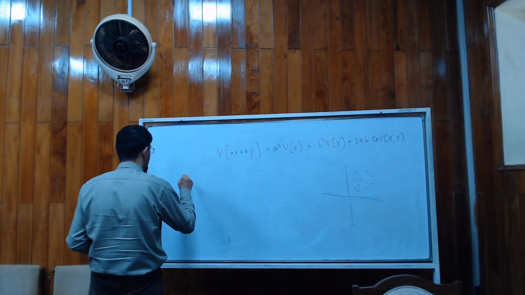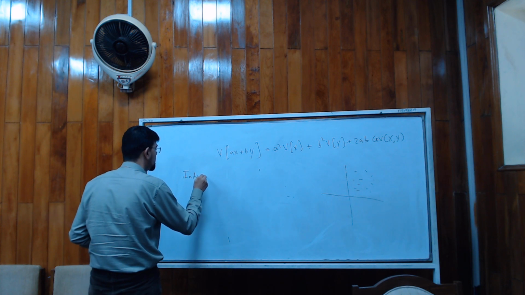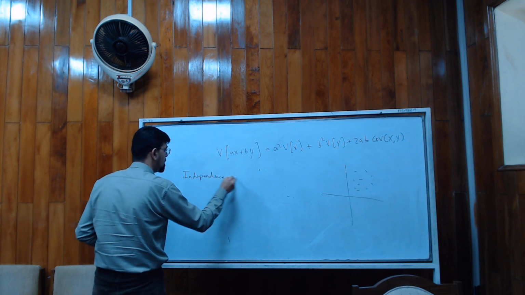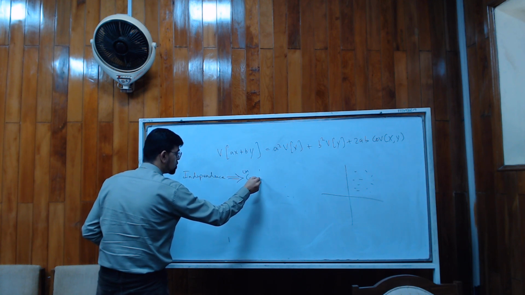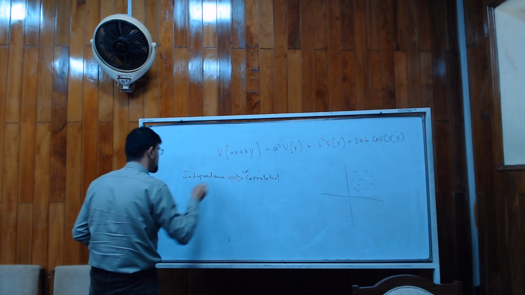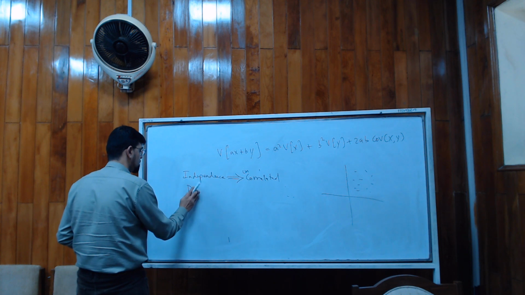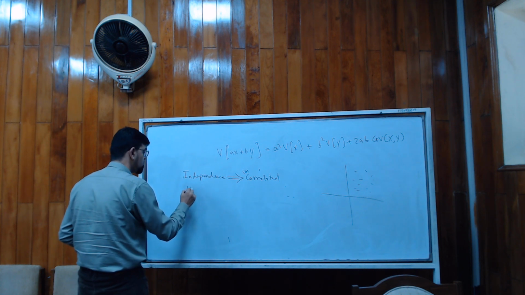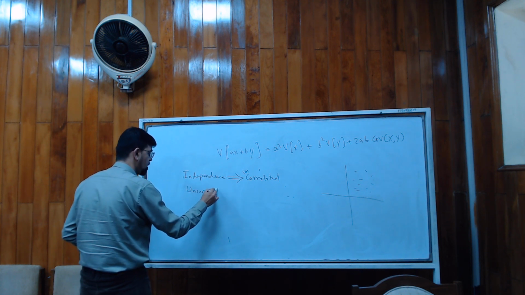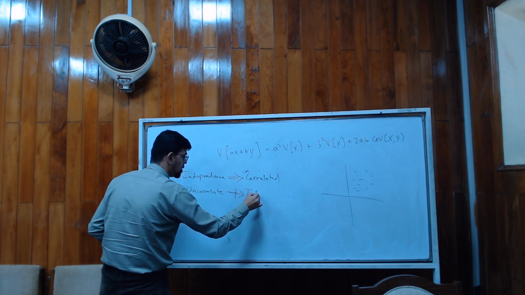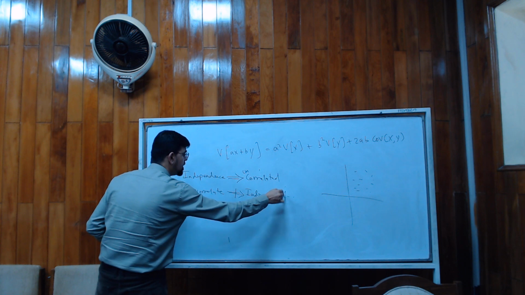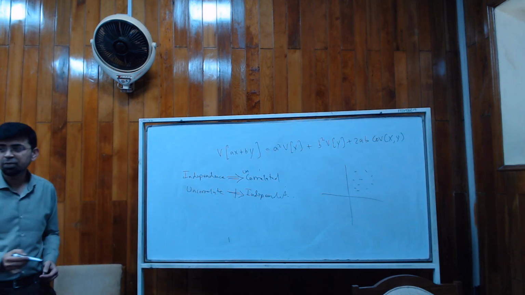If two random variables are independent, it definitely implies that they are uncorrelated. But if we say they are uncorrelated, it does not necessarily imply that they are independent. What does that mean really for us practically?